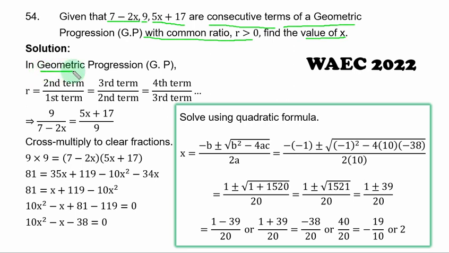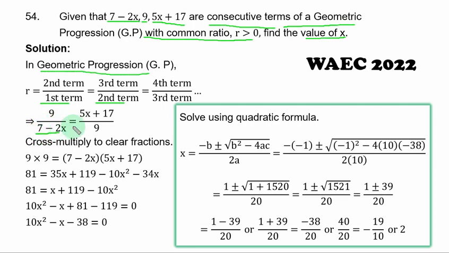In geometric progression, we have it that the common ratio is equal to second term over first term, and that is equal to third term over second term, and so on. Second term is 9 over first term 7 minus 2s.